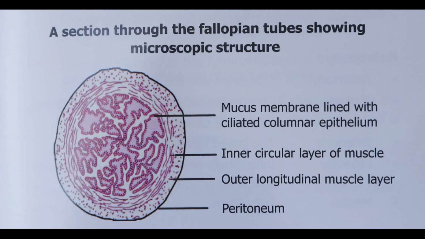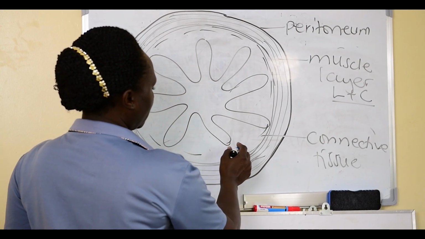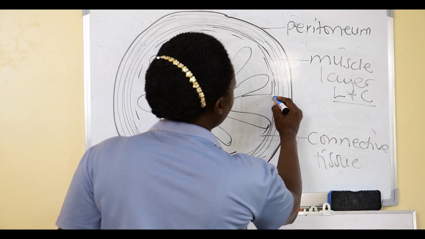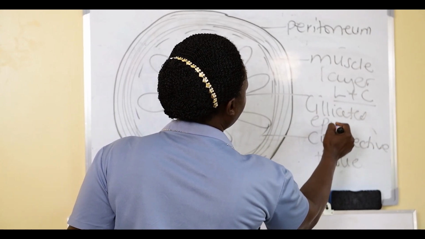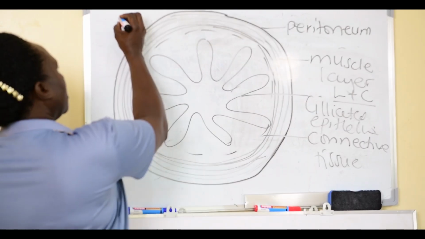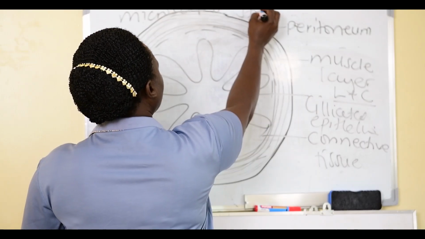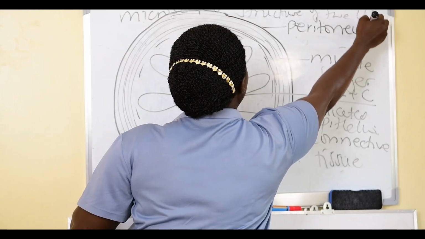When I talk about connective tissue, I mean blood vessels, lymphatics, and then the blood vessels. Then we have the ciliated epithelium here. This is the ciliated epithelium. So this is the microscopic structure of the uterine tubes. Okay, that is it.